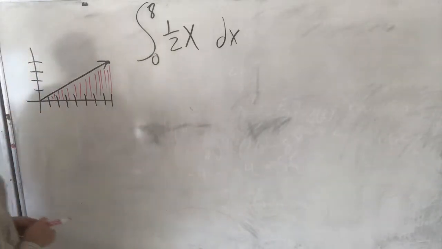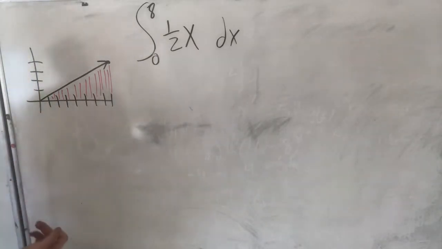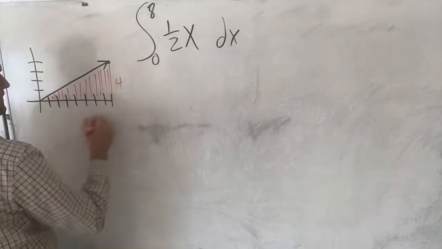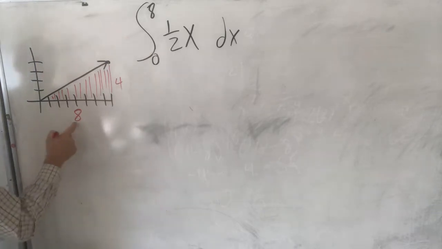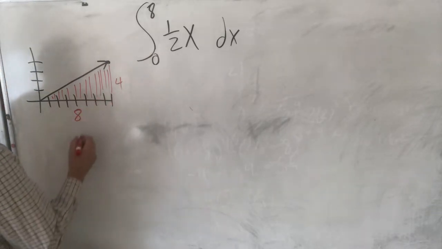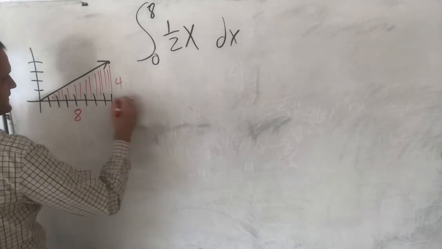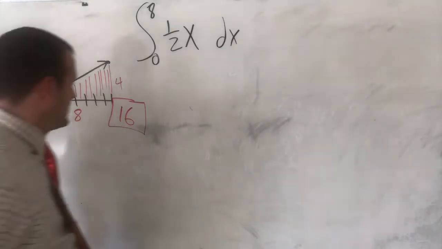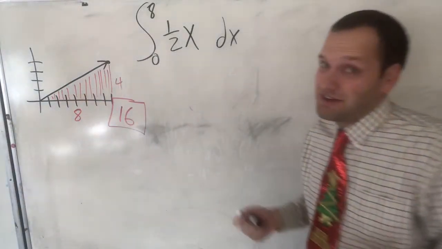Let's figure out what the area would be if it is a triangle. The triangle's 4 tall, it's 8 wide. 4 times 8 times 1/2 would give us 16. That is the area of the triangle, so that should be the area under the curve.